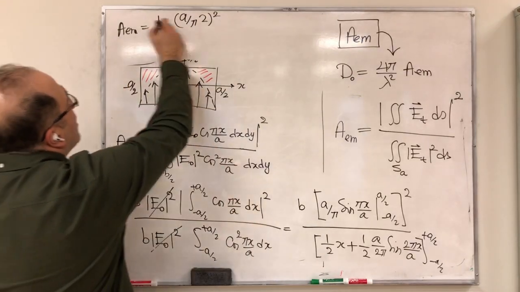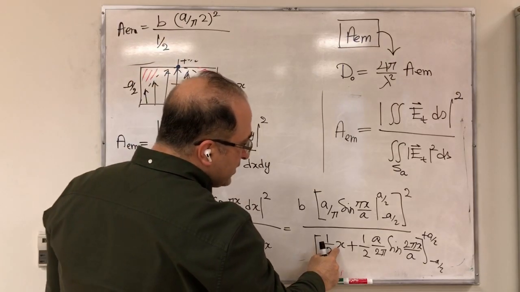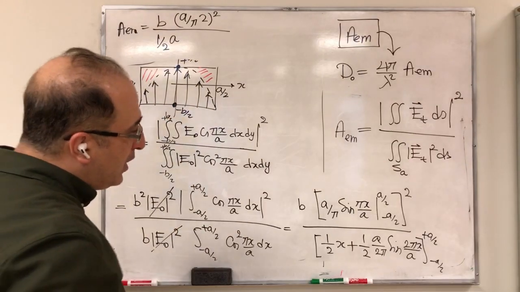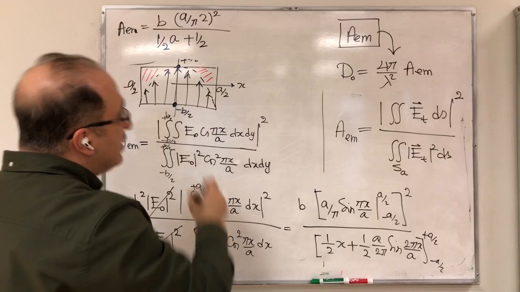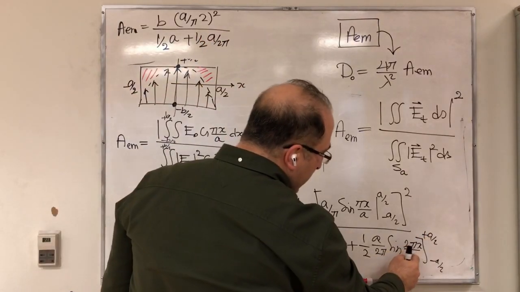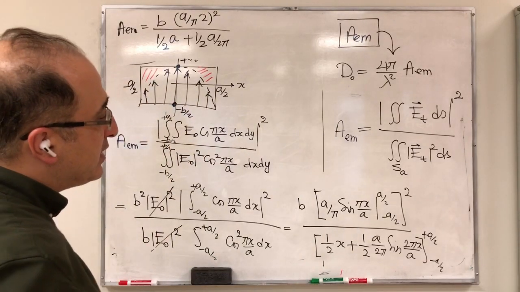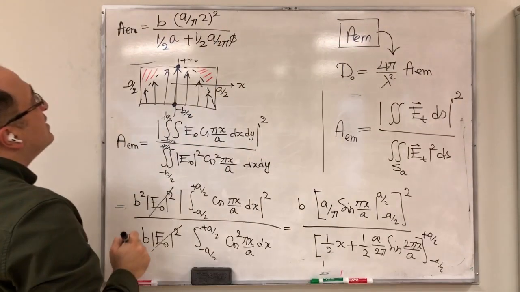And then I'm going to have 1 divided by 2 x, where x would be a. So I'm going to get an a here, plus 1 divided by 2, a divided by 2 pi. And if I substitute a divided by 2 here, I'm going to get sine of pi and sine of minus pi, which is 0. So this is going to be essentially 0.